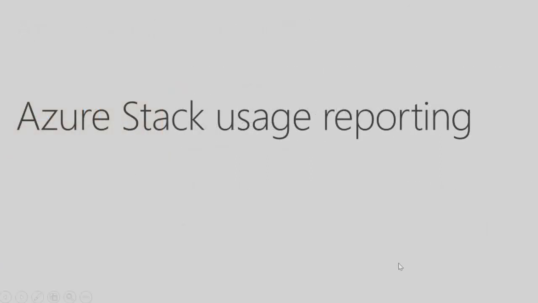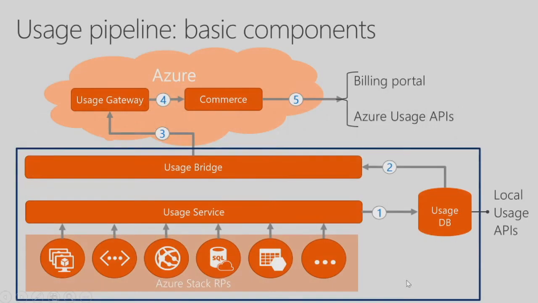Good. So let's start with an overview of usage reporting and how it works. This is really the core diagram. So take a good look at it, and you'll probably need to refer back to it in the future.